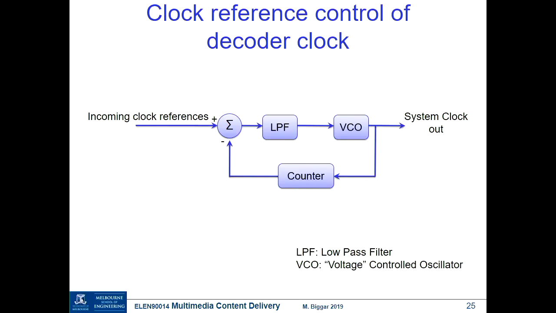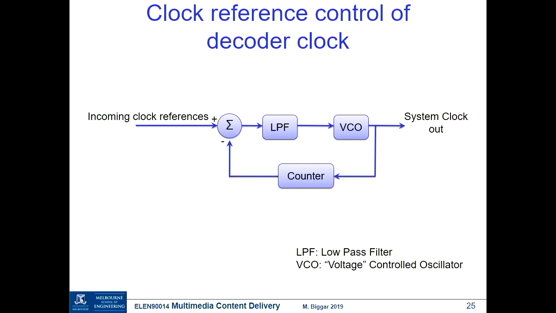Right? So we've got a voltage controlled oscillator. It's described in analog terms, but it's digital. But we've got a variable rate oscillator here that we count the pulses of, we count those clock pulses, and we compare with the clock reference signal that comes in here.